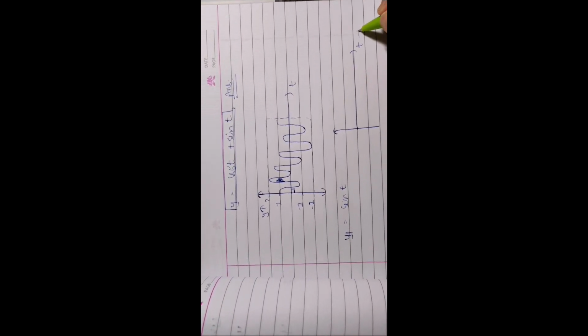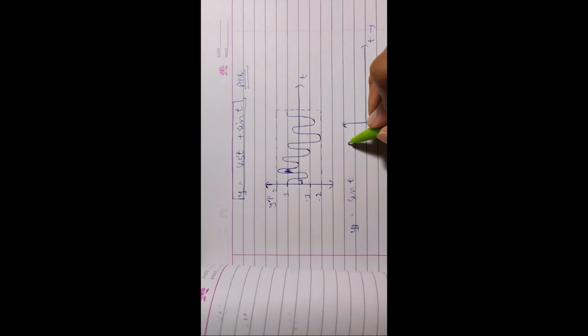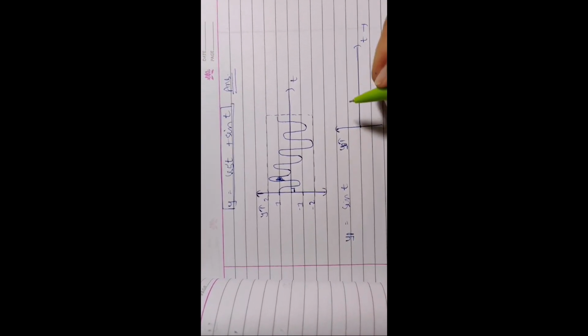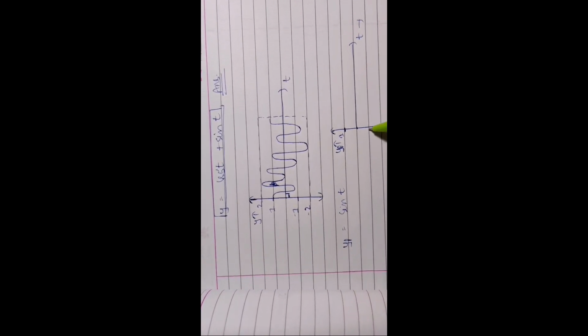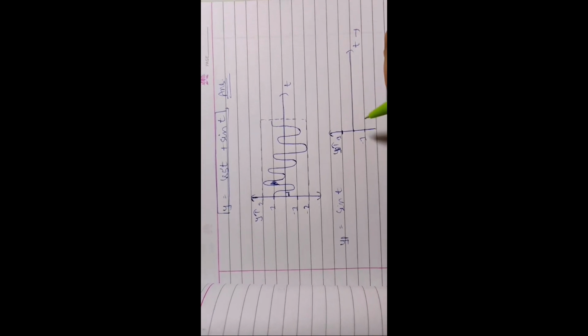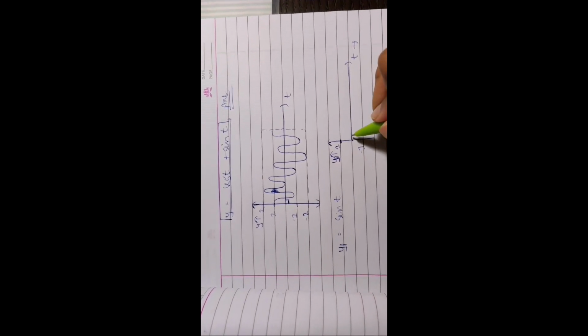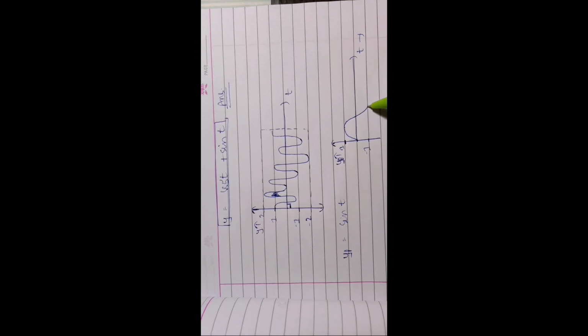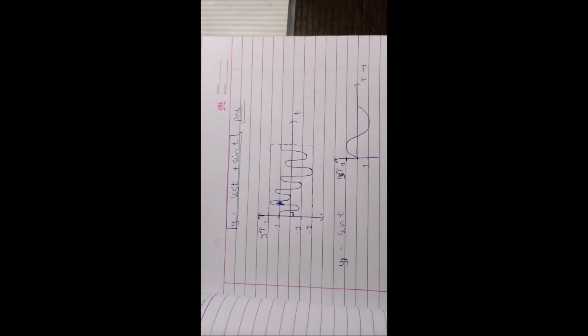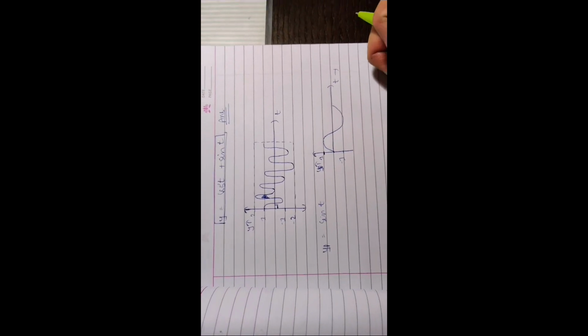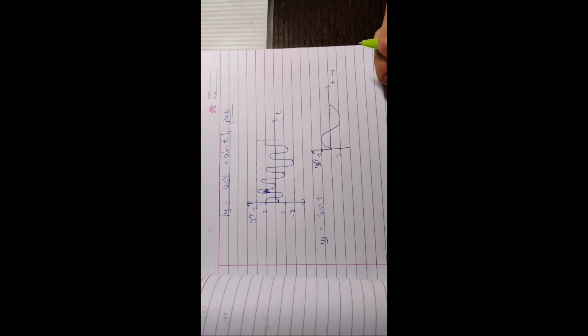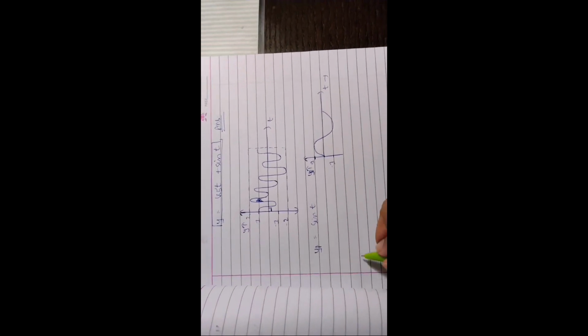It's t over here. It's yp over here. 1, minus 1, and the simple graph of sine function like this. So it's yp is equal to sin t. Now let's find out the graph of y minus yp.